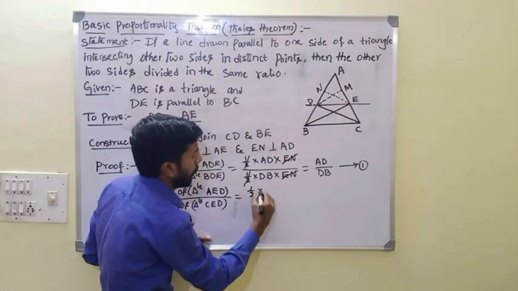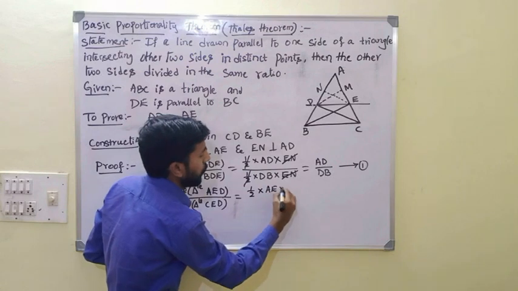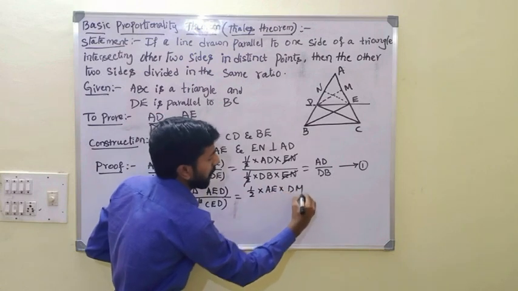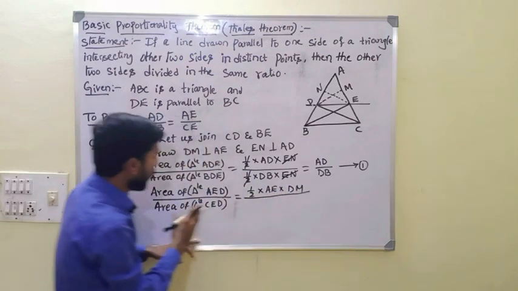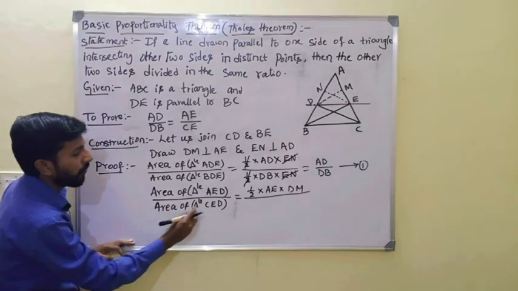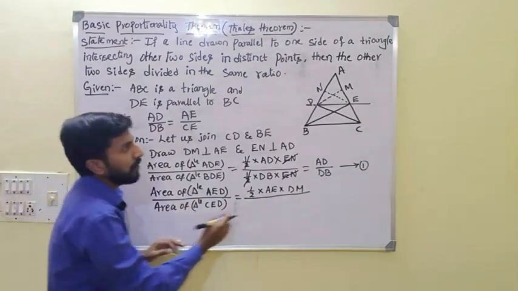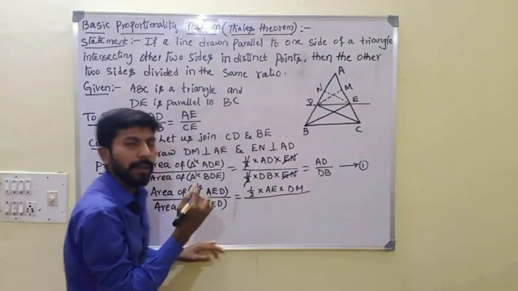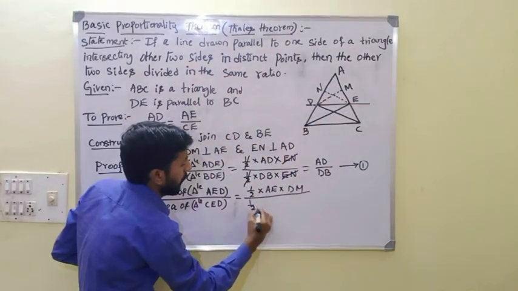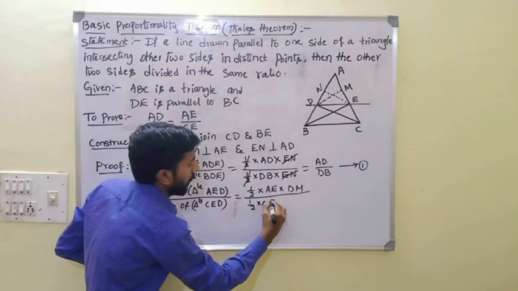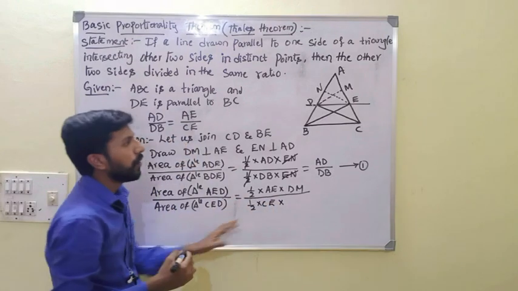Half into AE into perpendicular height DM, divided by the area of triangle CED. For that the base is CE into height.